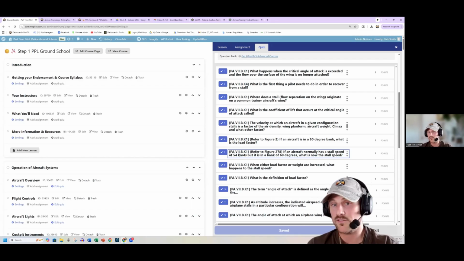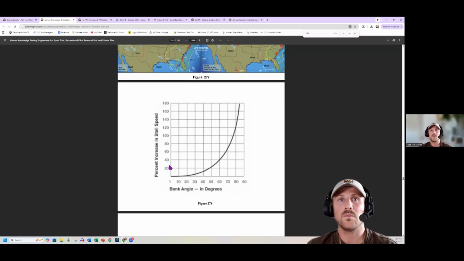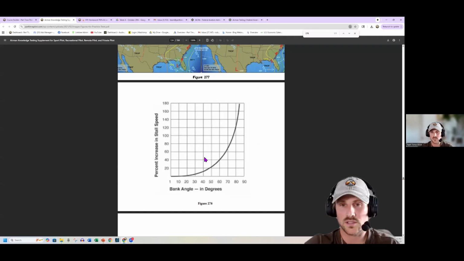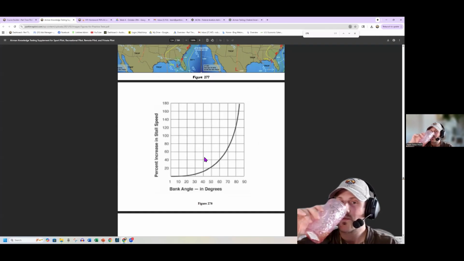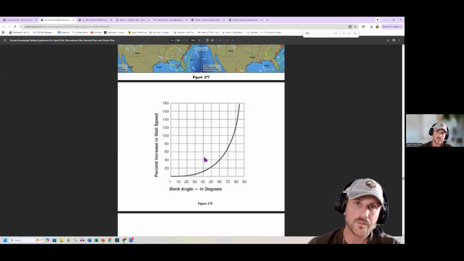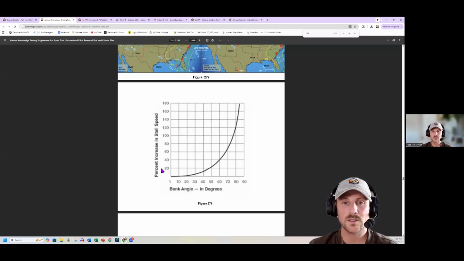Yeah, so we're finding 40% because we know, again, why do you guys know why the stall speed is increasing here? Can you tell me that in the chat? Nick says increased load. Yeah, the load factor.